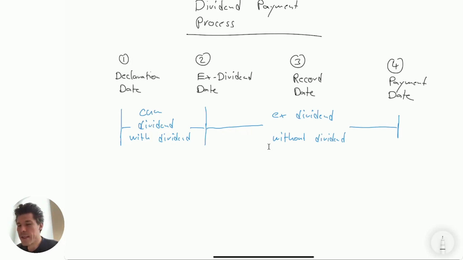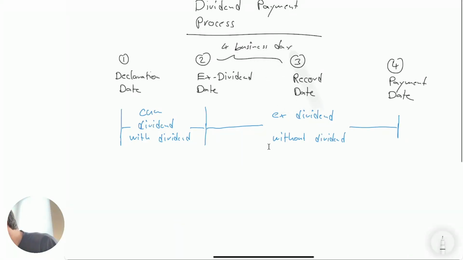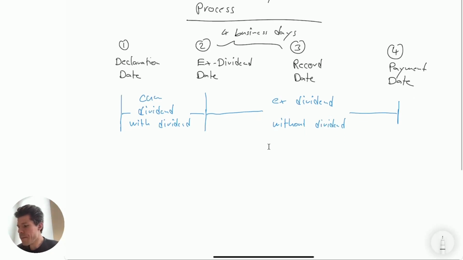It's nothing special, it's an administrative step, usually happens like 4 business days after the ex-dividend date. This is where the company does the administration. The company looks back and says, okay, who is an owner here, before here, and then it will be entered into their register.